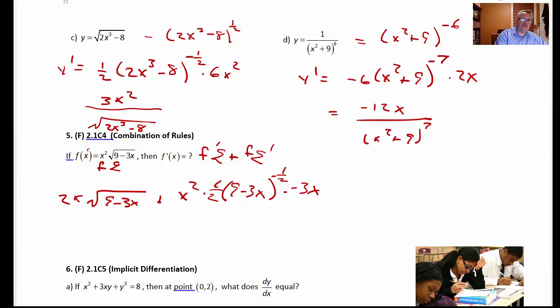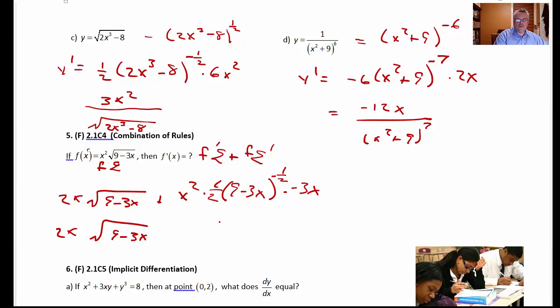This is very similar to problem C above it. When I got to taking the derivative of the part with the square root, I had to use the general power rule. I had to view this as (9 minus 3x) to the 1/2 and take its derivative. So we get 2x square root of 9 minus 3x. Here we have minus 3x times x squared times 1/2.